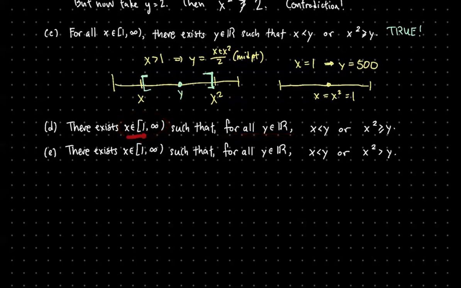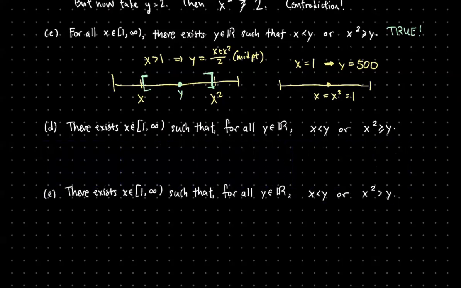Usually when you quantify over some real number x with some property that holds for every real number, you've got a problem, right? So if x is 1, let's see. Let me just do some rough calculations here. So if x exists in 1 to infinity, then I can take y to be 1.